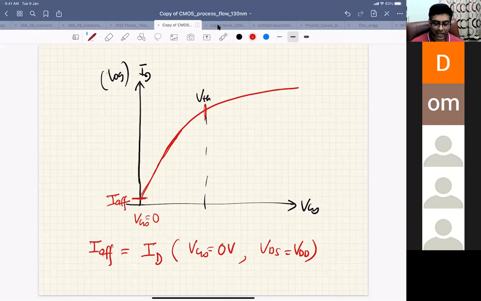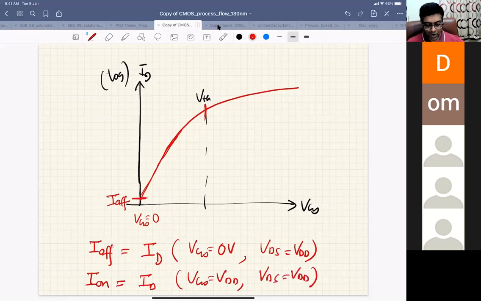And similarly, the on current you also define, and this is the drain current when your VGS equal to VDD and your VDS is also VDD, right? So your on current is somewhere here, and this is your off current, and we are mostly concerned about this ratio, right?